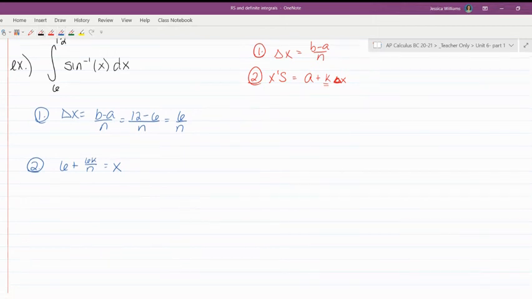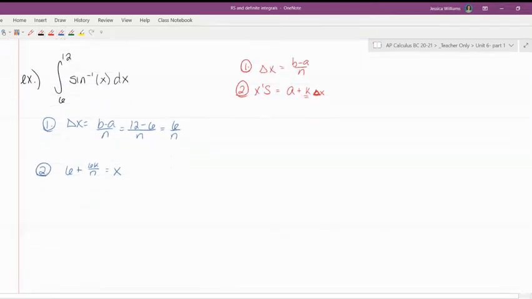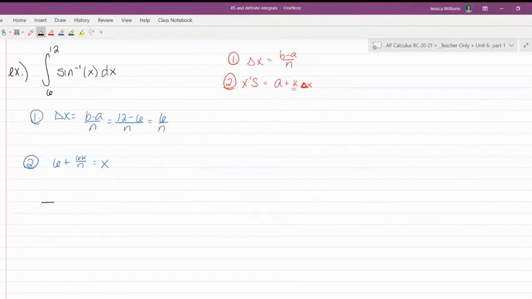When you do these in Delta, Delta is very friendly to you because they will already have this written for you, because that never changes. You're always going to start with your first rectangle and go to your infinity rectangle as n goes to infinity.